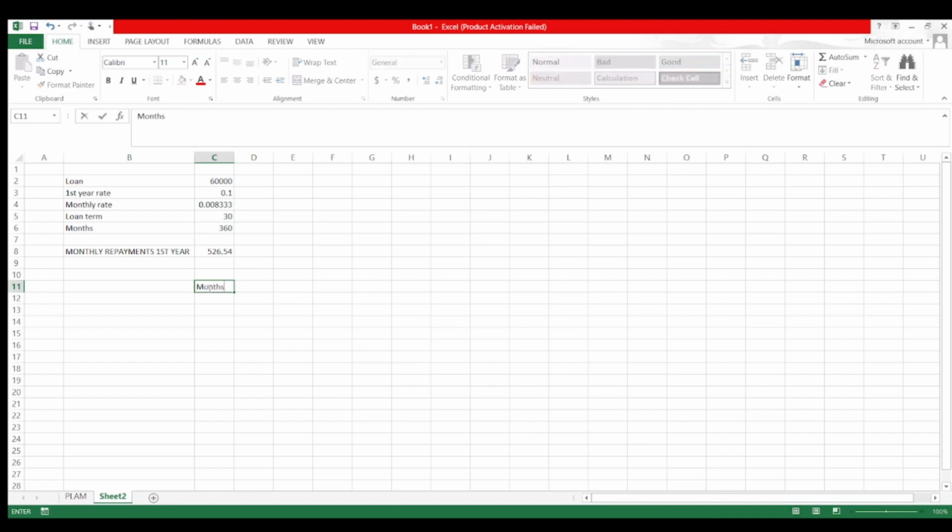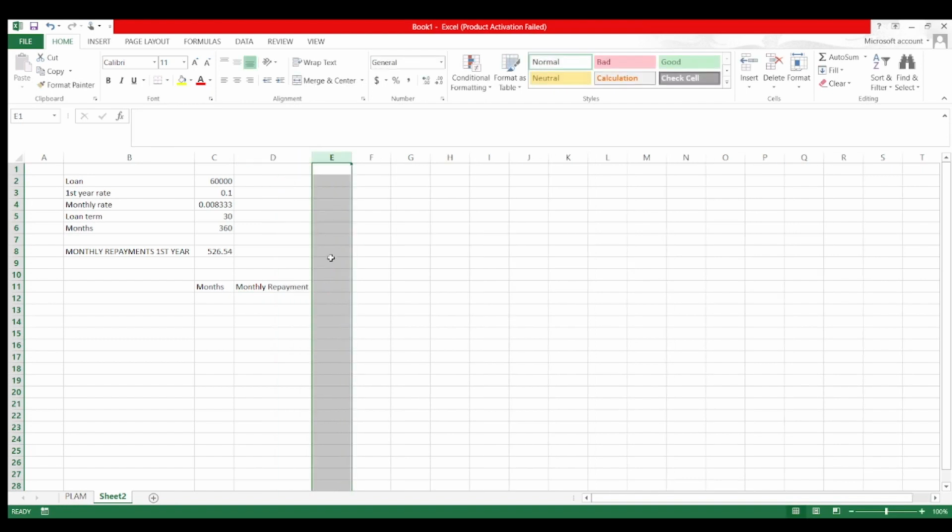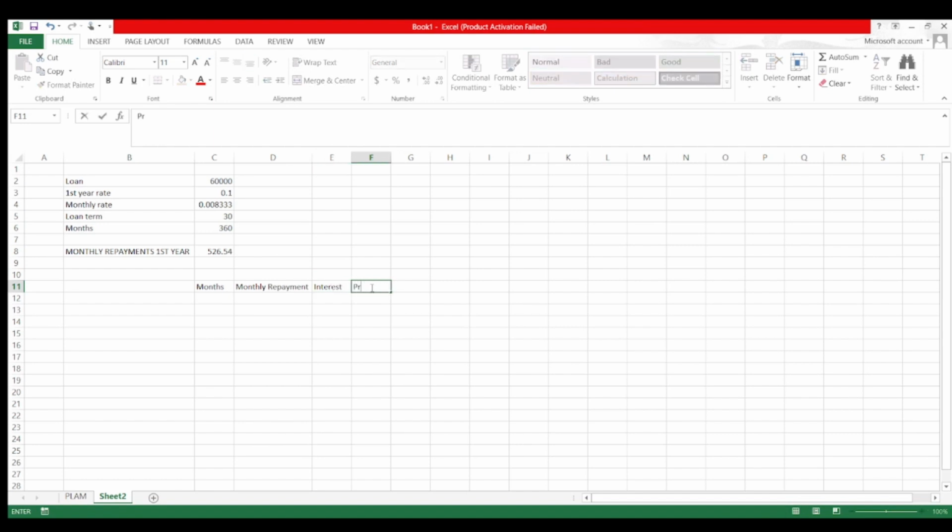So here we have months, we have the monthly repayment, then the interest, the principal amount, and the loan balance.